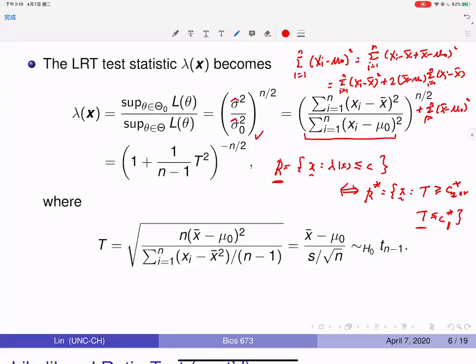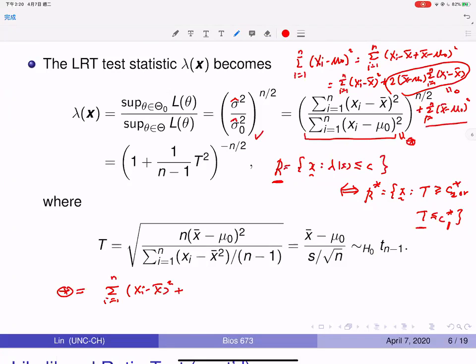Okay? And you should know what I'm going to do. You should know this guy is 0. So make your denominator summation i from 1 to n, then xi minus x bar square, then plus.